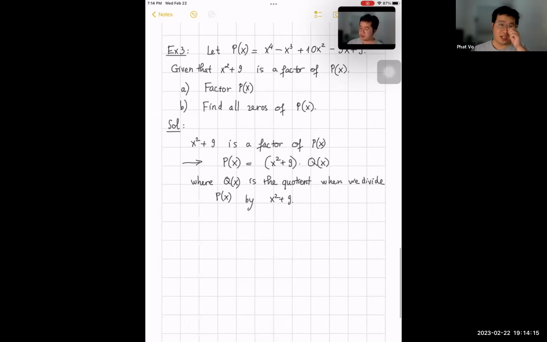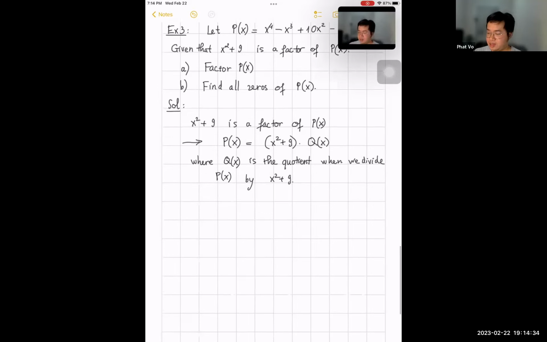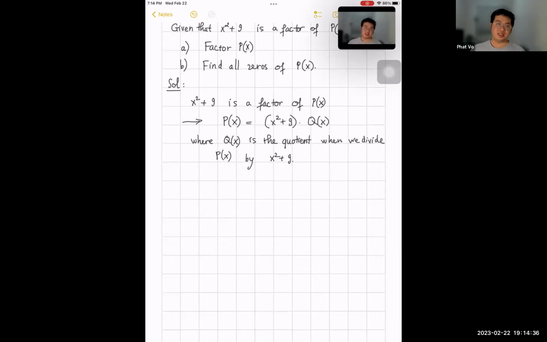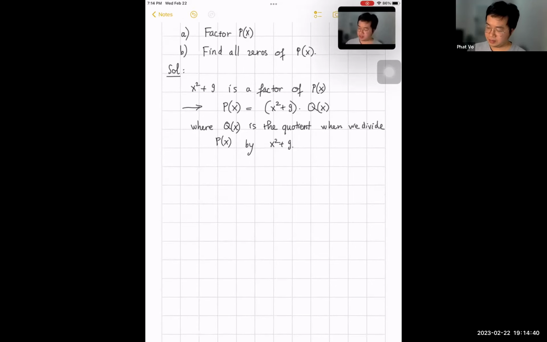So to find the polynomial Q(x), you just divide P(x) by x squared plus 9. To do this you use long division, which is the method we use to divide two polynomials.